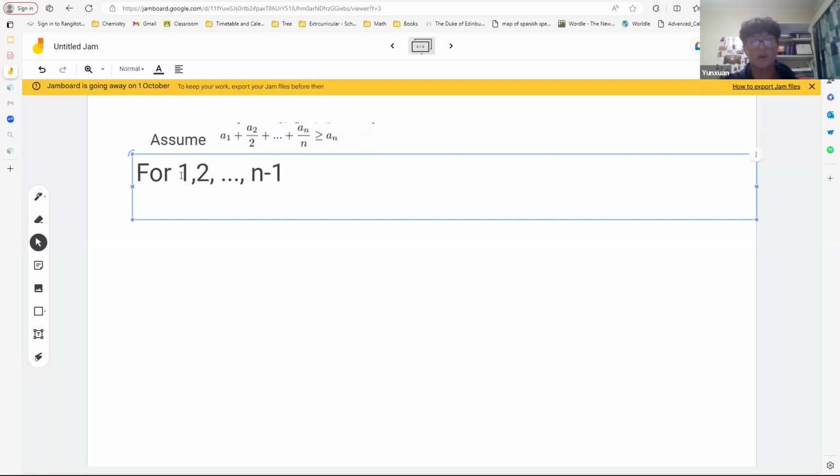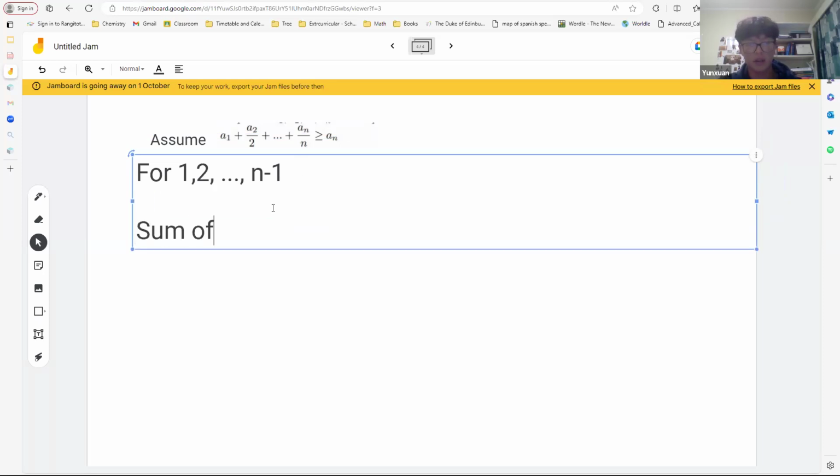So if we sum all of them from k equals 1, k equals 2, ... k equals n minus 1, we will get sum of b's larger than or equal to sum of a's.